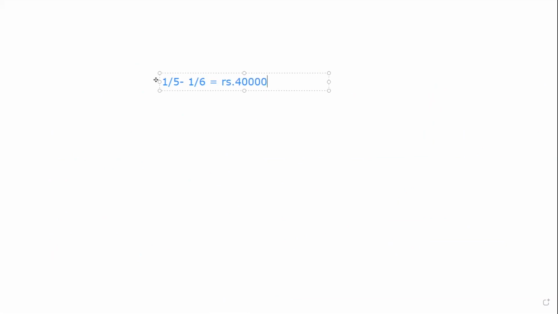Okay. So if you simplify these fractions, you have to take the least common multiple, that is 30. So that is 6 minus 5 over 30, equal to rupees 40,000. So that means 1/30 portion is equal to rupees 40,000.